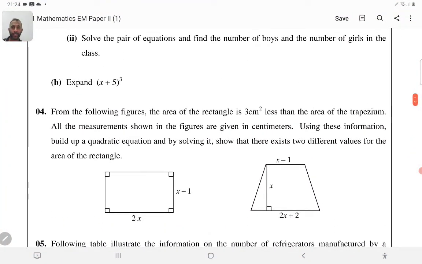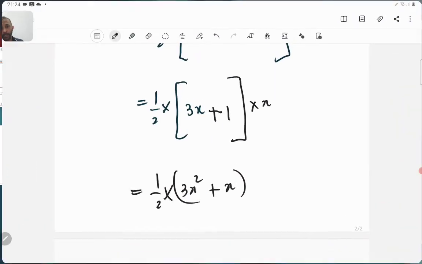From the following figures, the area of the rectangle is 3 centimeters less than the area of the trapezium. So now we know what the area of the rectangle is.